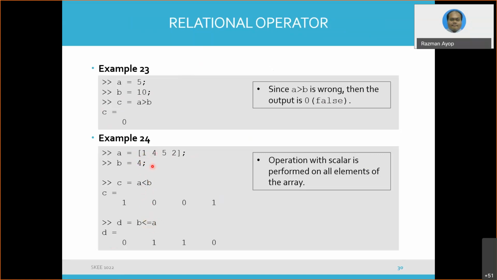Then 4 less than or equals to 4 is correct. 4 is less than 5 is correct also. 4 is less than 2 is false. So D is just equals to this. Okay, you have to solve this logic first.